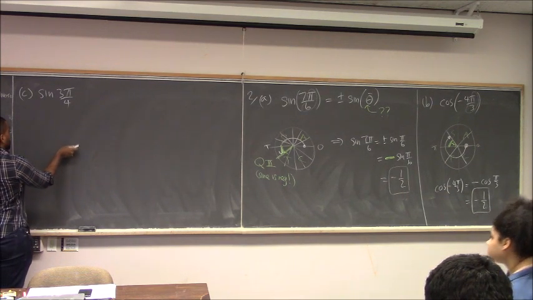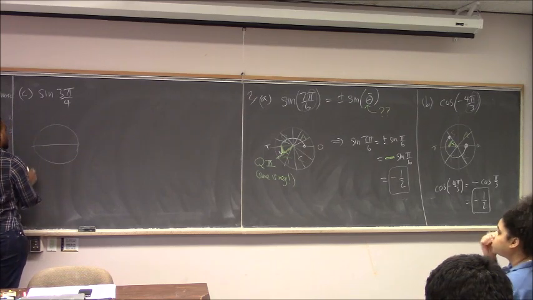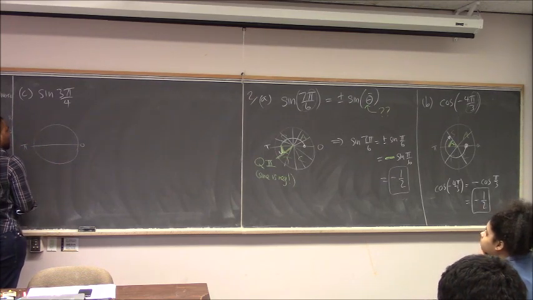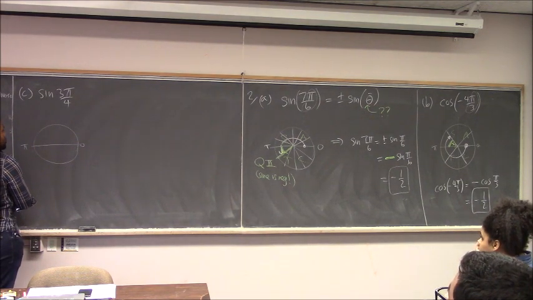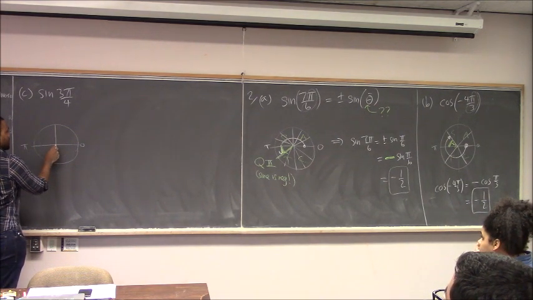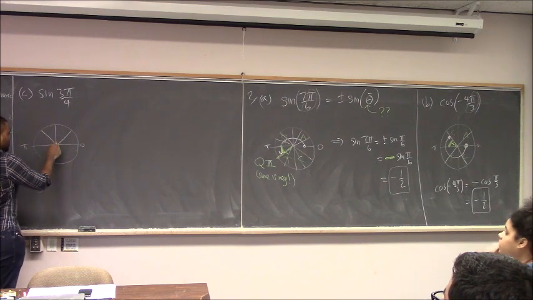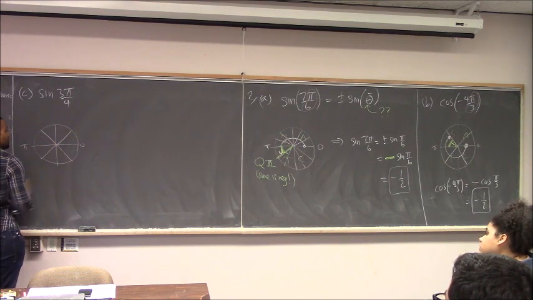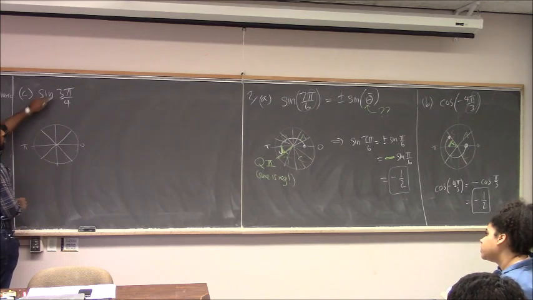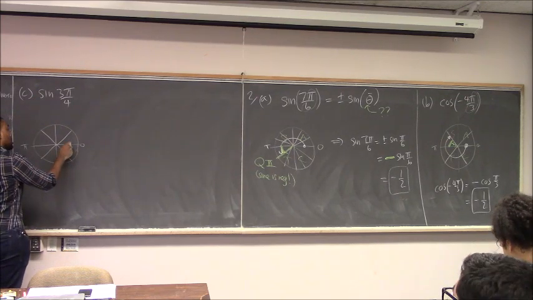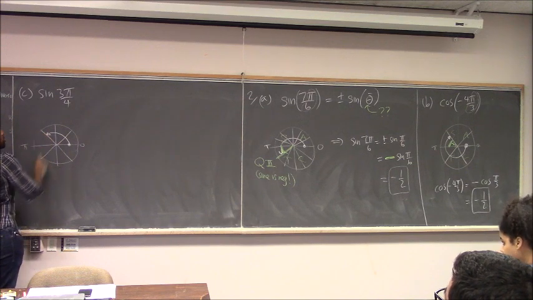Divide into 4 pieces. So we have a circle, slice it in half, that's pi. You want to divide each pi into 4 equal pieces, so you can slice it in 2, then slice each half in 2. Same thing here, we want 4 equal pieces. What do we want here? We want 3 pieces. Start here, count 1, 2, 3, boom.